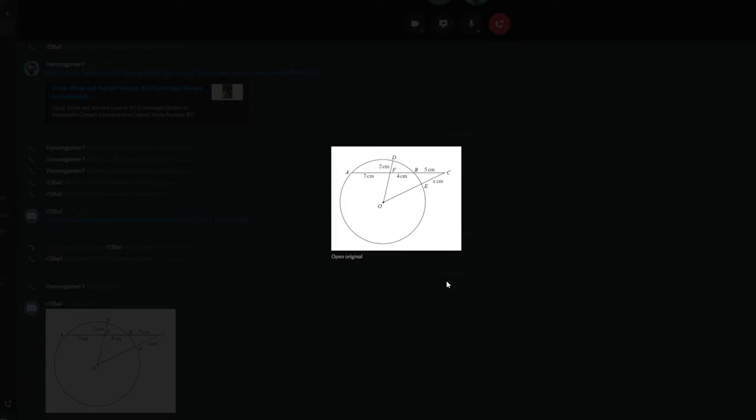So the length of the chord is 11. Yeah, the chord length is 11. But that doesn't really help, because there's no angles.